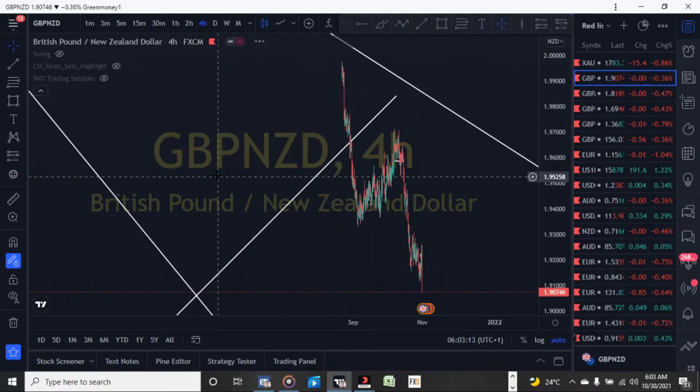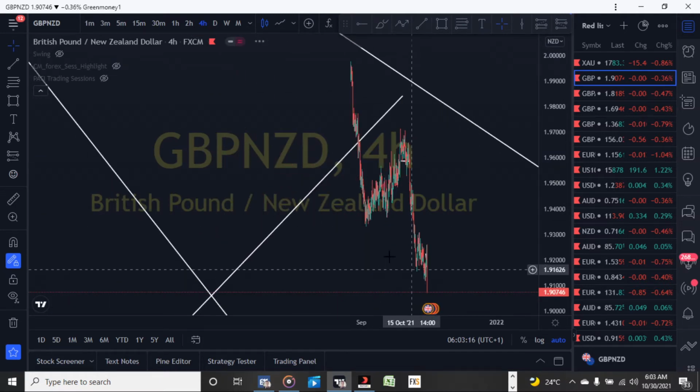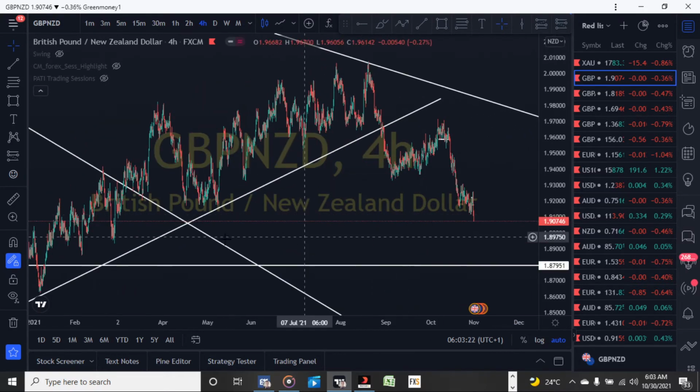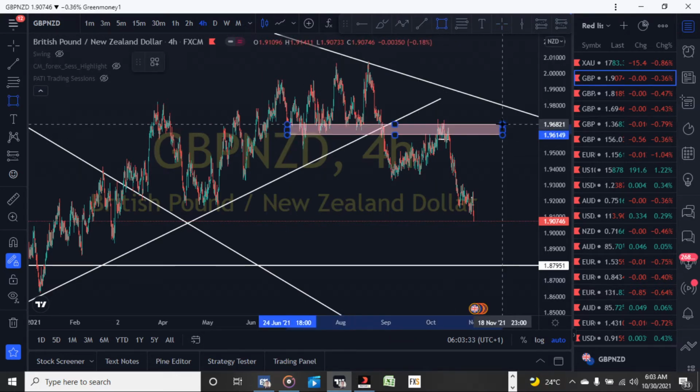Now here you realize that the market was exhausting and finally broke structure to the downside and came back to retest this level, right?